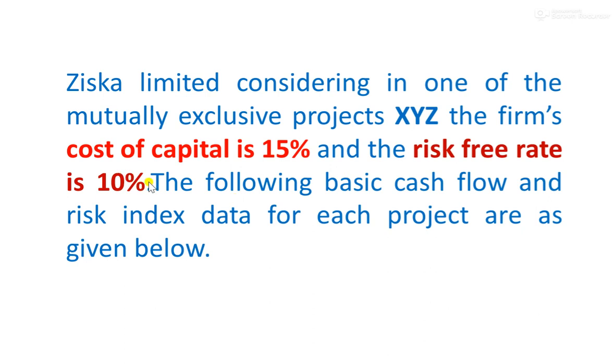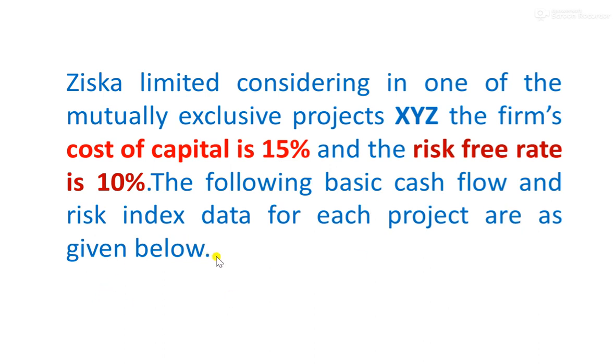So we get two discount or factoring rates. One is the cost of capital and another is the risk-free rate. Then the following basic cash flow and risk index data for this project are as given below.